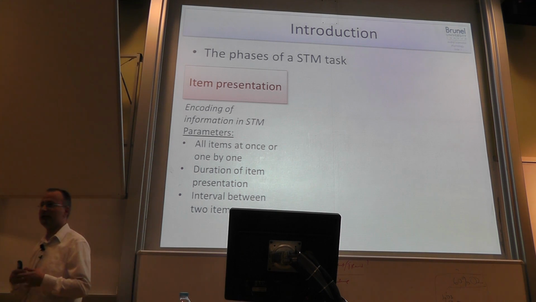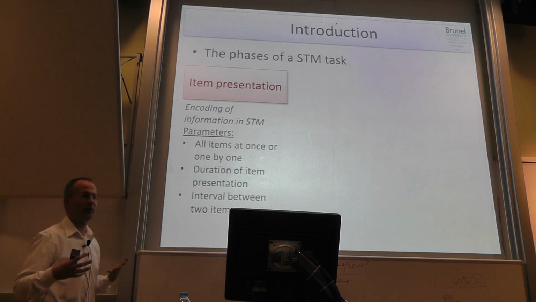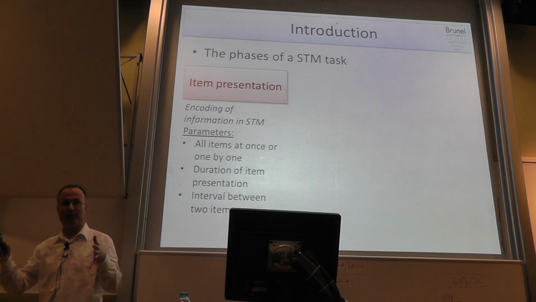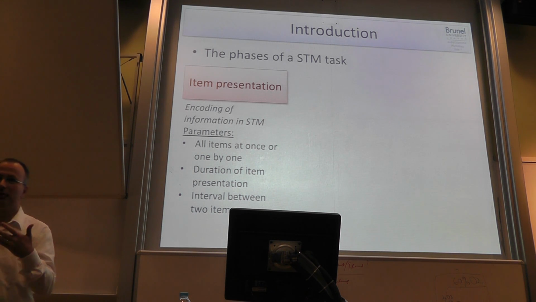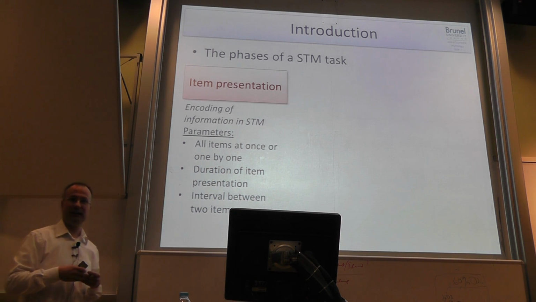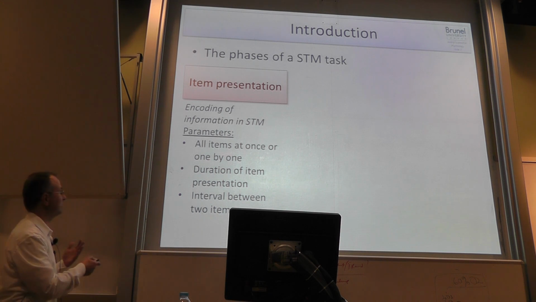But you could find probably a lot of further additional parameters here, sometimes more fine-grained. For instance, do you present all the items all at once on one sheet of paper, or item by item on a screen, for instance? What's the duration of the presentation of each item? One item every 2 seconds, one item every half a second.